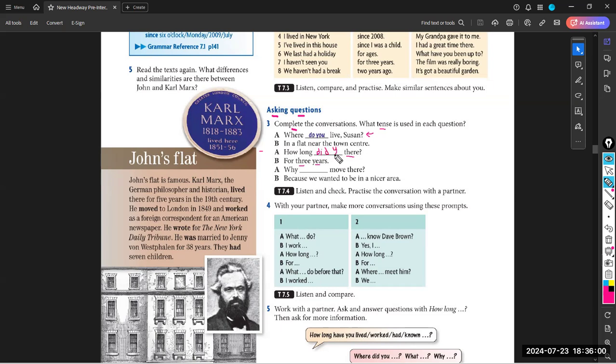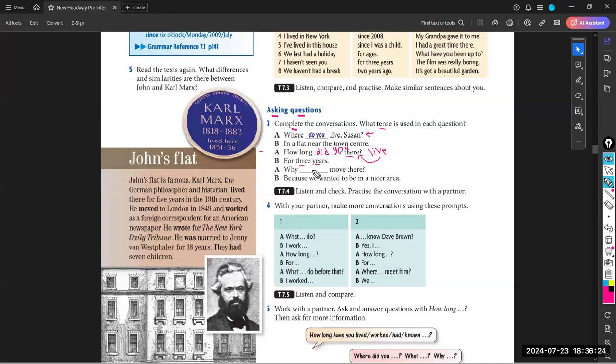Okay, now what tense did we use here? Did you live? Absolutely. This is live, and this is there. So what is the tense that we used here in the question? Past. Simple past, thank you.